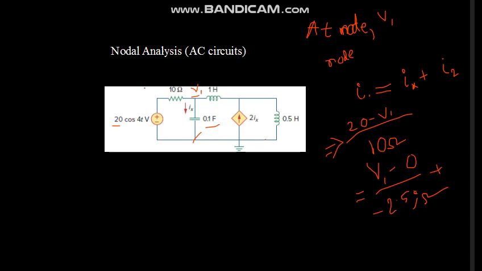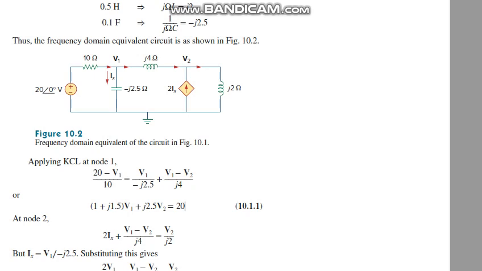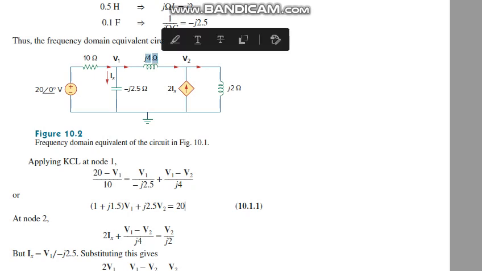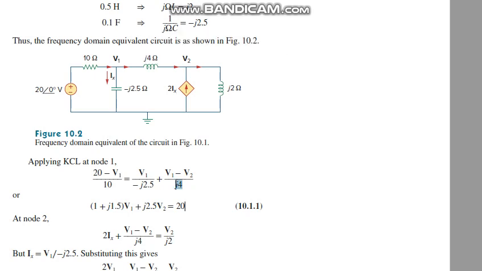And I2 will be V1 minus V2 divided by the impedance of the inductor. If it is 1 henry, the value will be j4 ohms, so you have to divide by j4 ohms. Then you can calculate easily. At node 1, the equation in V1 and V2 is known as nodal equation number 1.